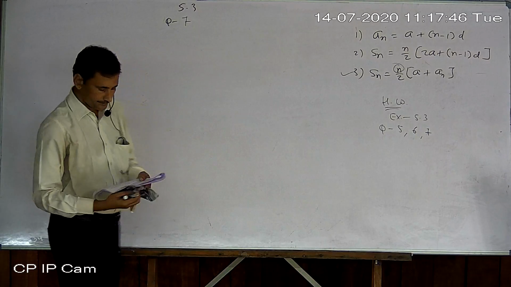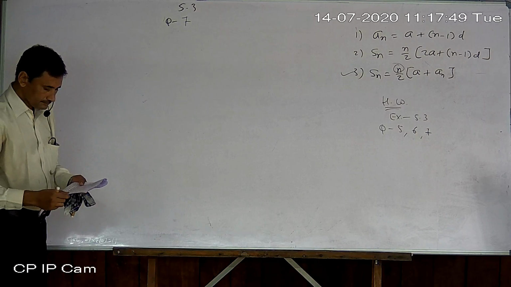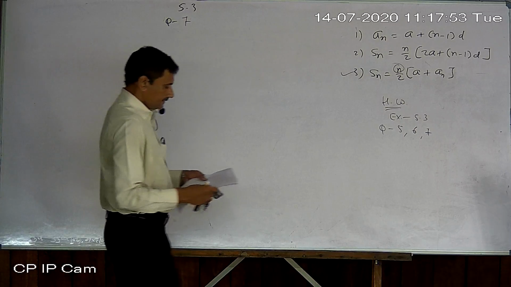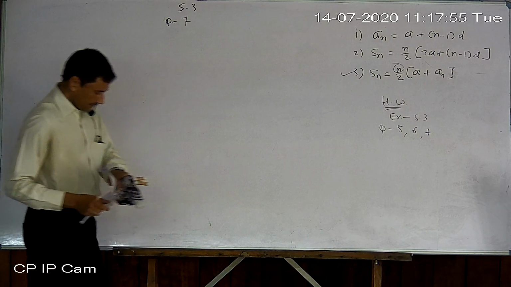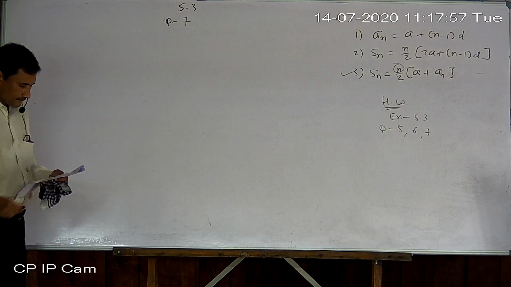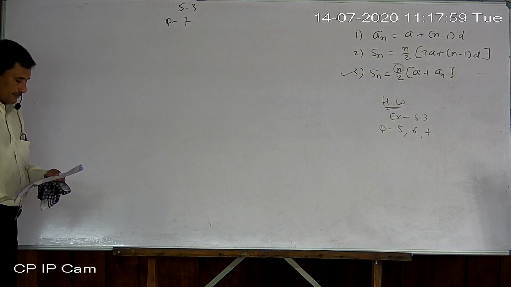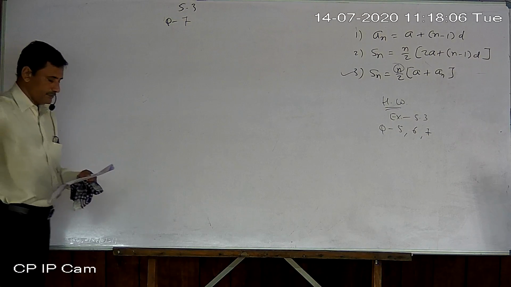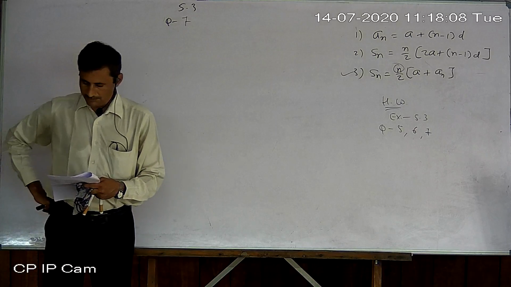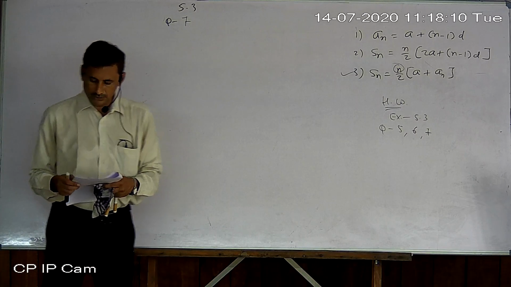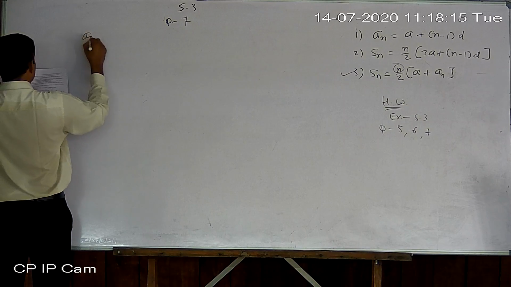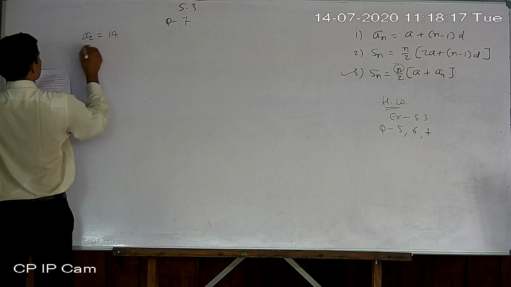Okay. Now, find the sum of first 22 terms of an AP in which, sorry, question number 8. Find the sum of first 51 terms of an AP whose second and third terms are given. So second term A2 is given, and A3 is given.